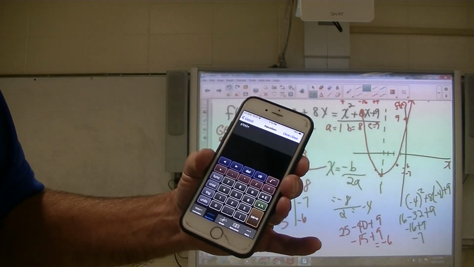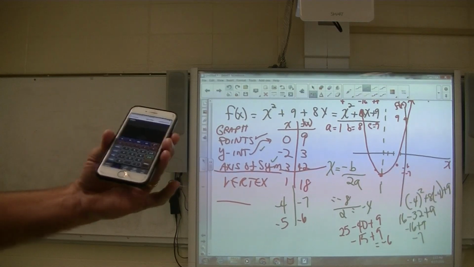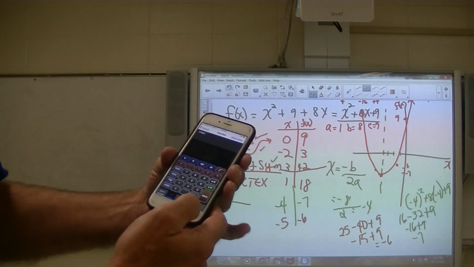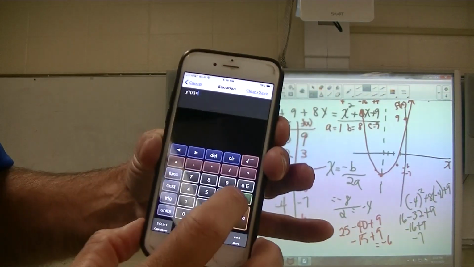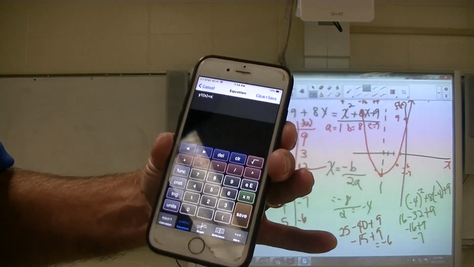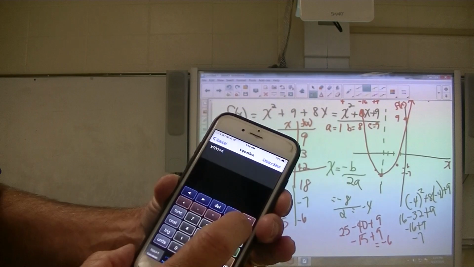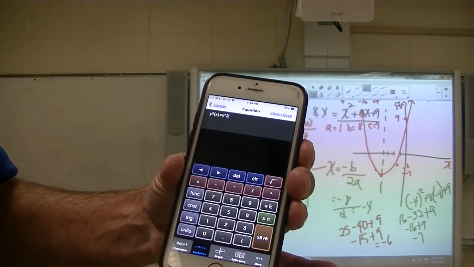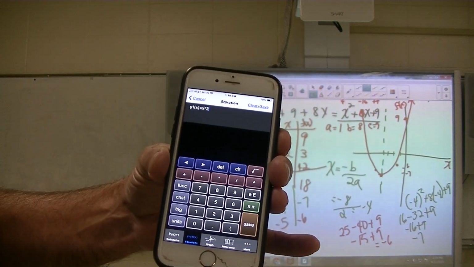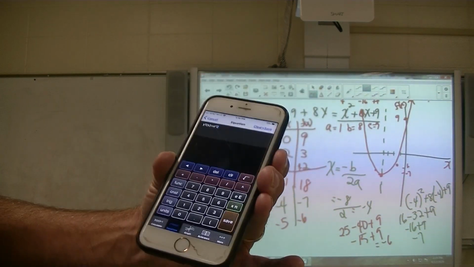So let's go y1 is equal to, and let's go back to our equation over here. You want x in there. The x is this green button right here, that's for the variable. So there's x, and you want x squared. So I go little hat or caret, x to the second power. Looks like that. X squared plus 8x plus 9.